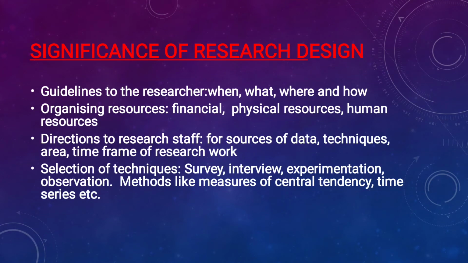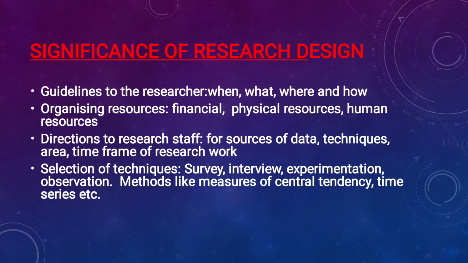Okay, next thing is organizing the resources. We have studied this so many times. In an organization, we have financial resources like money and capital. Physical resources are whatever we are going to use, like equipment.